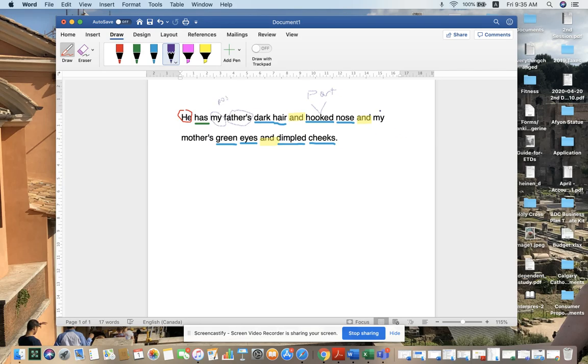We got my, another possessive, mother's, another possessive. And that's it. Okay, so today's exercise gave us an introduction to the perfect passive participle, which is dimpled and hooked, turning a verb into an adjective. And then we have the possessives here and a direct object with, look, just one subject and one predicate as we predicted.